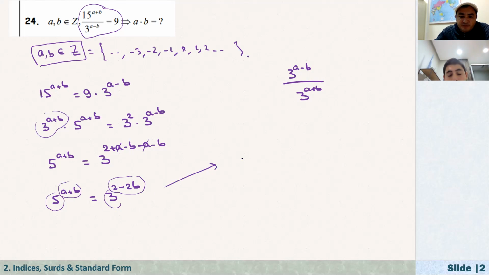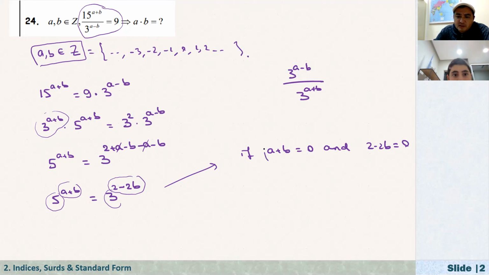It is true only if A plus B is equal to 0 and 2 minus 2B is equal to 0. Otherwise, they are never equal, because powers of 5 are always, what is it? Like 5, maybe 25 or 125, right? And how about powers of 3? It is 9 or 27, right? They're never equal to each other. Only in this case, because 5 is a prime number, 3 is a prime number.